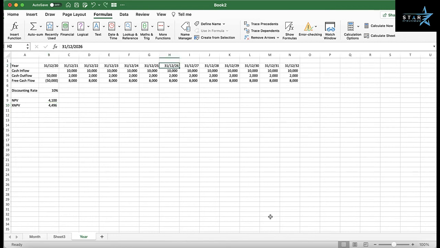What if I change one of the dates over here? So instead of having 31st December, let's make it 1st of June 2026. And as you can see, the value automatically changes and it gives us a more accurate representation of net present value.